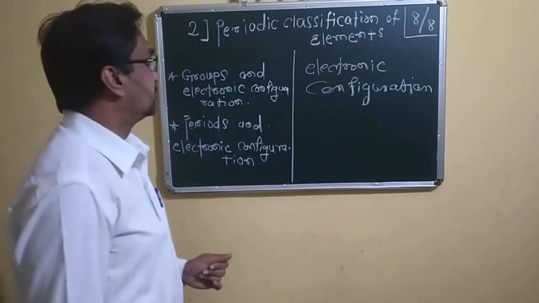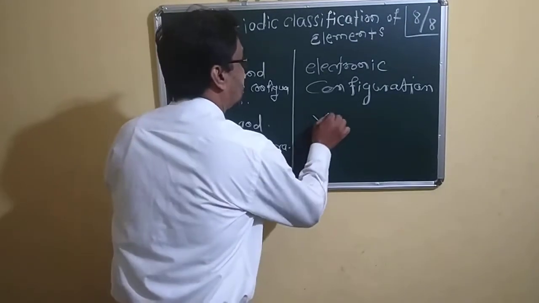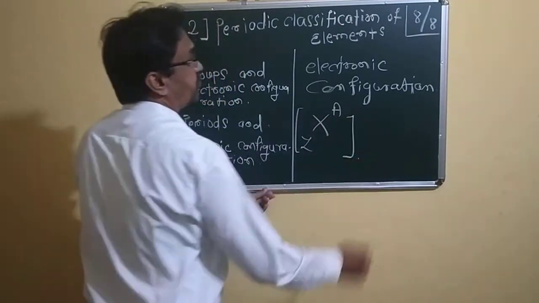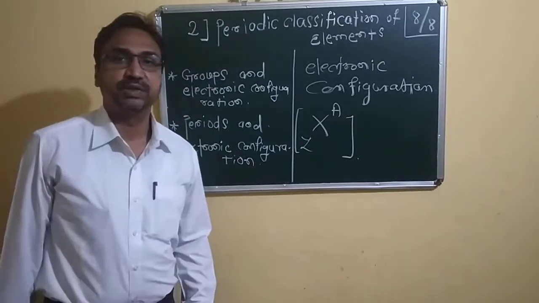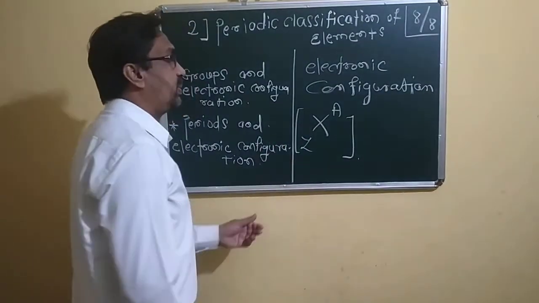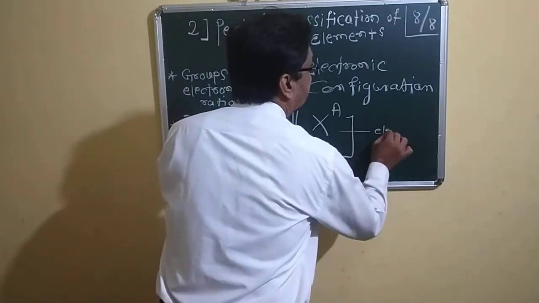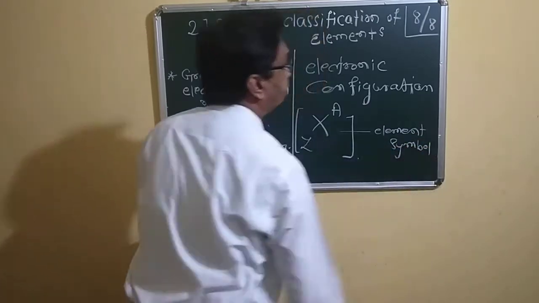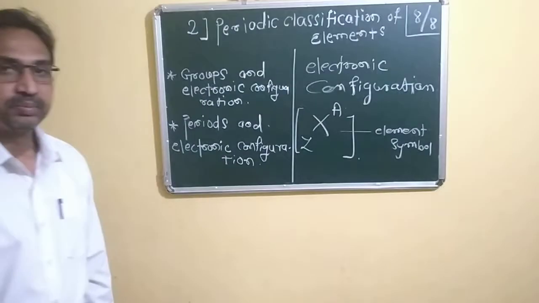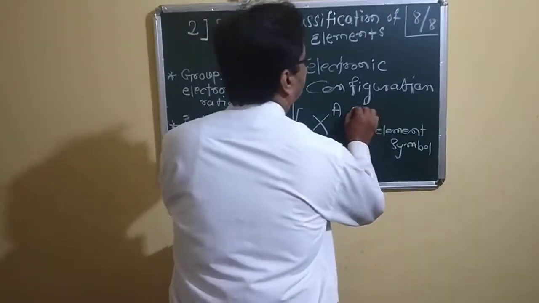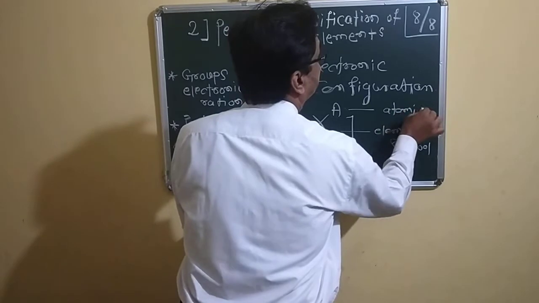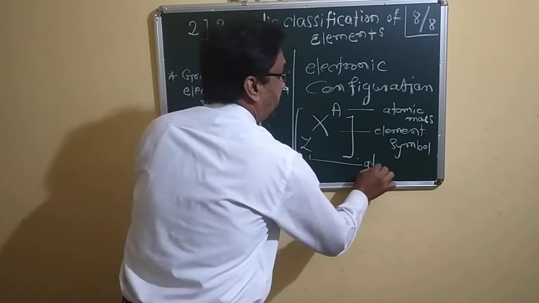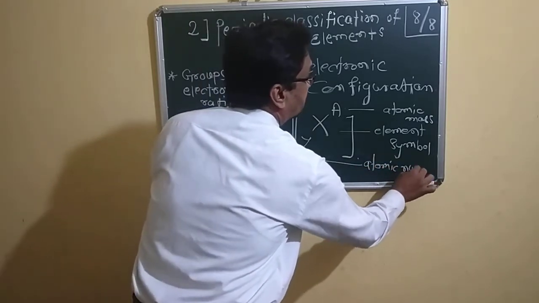We already know that an element is represented as such, where X is the element symbol, A is the atomic mass, and Z is the atomic number.